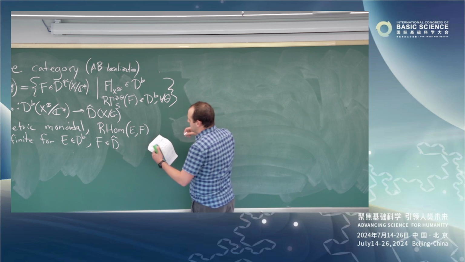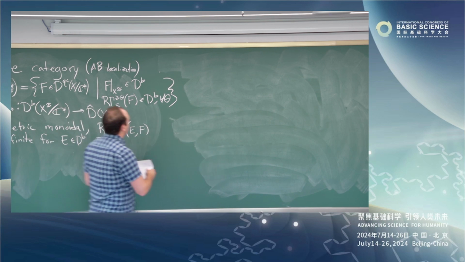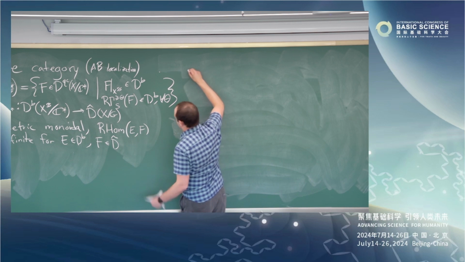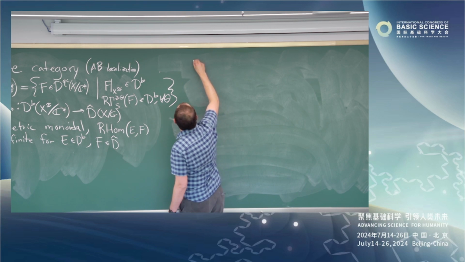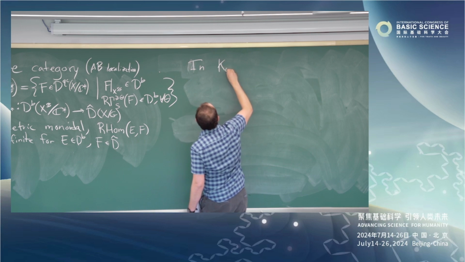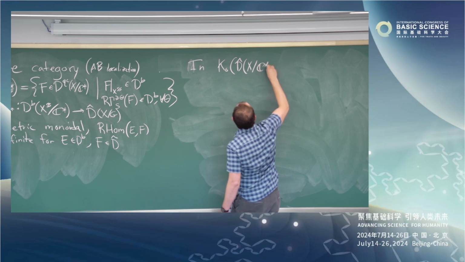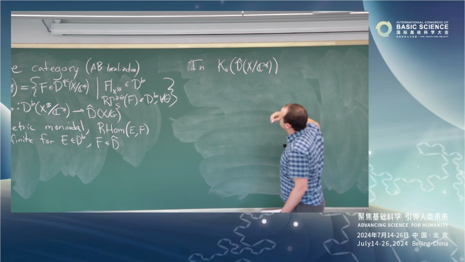But the claim is that in this category you actually get the following. So basically in K naught of D hat of X mod C star, lots of things work very nicely.